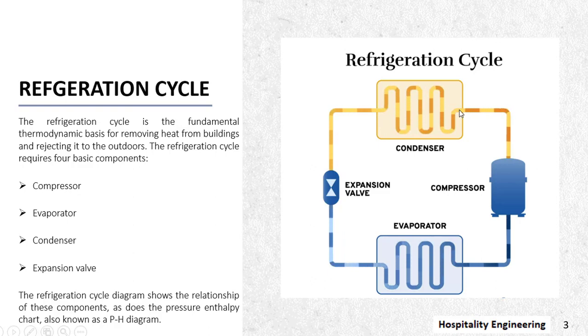You can see how the gas flow is moving from the compressor, compressed to high pressure, high temperature, into the condenser, where the high pressure, high temperature gas is condensed and the high pressure liquid goes to the expansion valve.